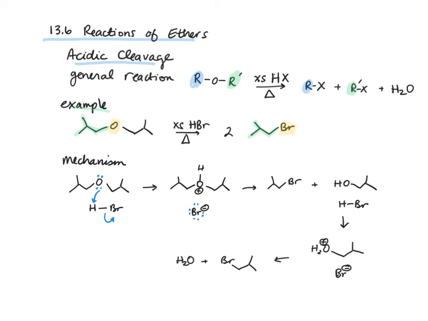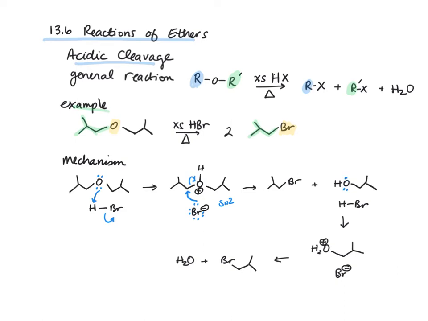In our next step, knowing that bromine is a good nucleophile, and now this entire part of the molecule is a good leaving group, we take our good nucleophile and do an SN2 reaction. And that gives us our alkyl halide on one side and the alcohol on the other.